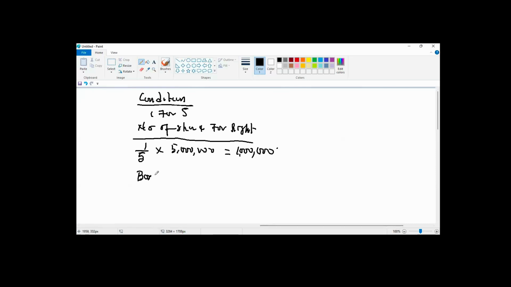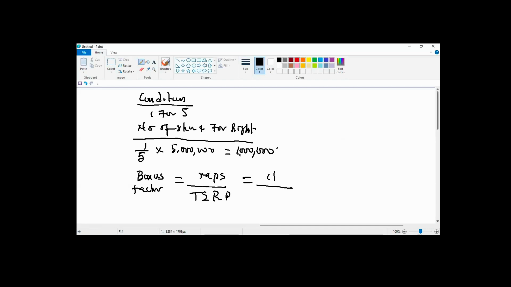Don't forget the bonus factor equals market price per share over theoretical ex-right price. I'll go to the question: what is the market price? The fair value of 1 share immediately before the exercise was 11 naira. What is the exercise price? 5 naira. Which is the right price? 11 naira is the market price.